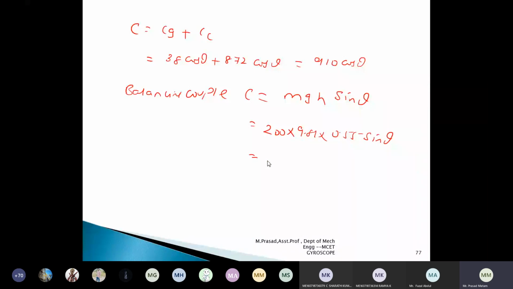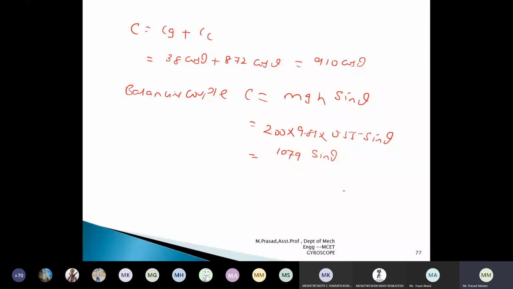Students, fast, time is up. 200 into 9.81 into 0.55, in terms of sin theta. Open the calculator fast. 1079.1. Okay, let it be 1079 into sin theta.